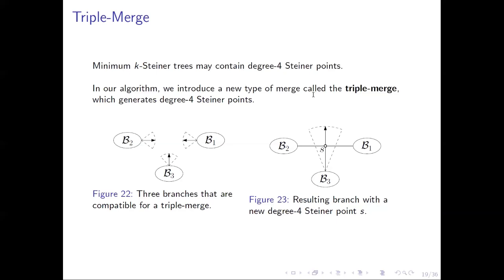We're not going to go too much into the geometry, but the idea is you have 3 branches, each has a range of rays showing where it can merge, and if they are compatible, you can do what's known as a triple merge, generating a single 4 Steiner point, and again, you end up with a branch that has a range of rays. So on top of the double merge that existed for the k-Steiner algorithm, we add this additional triple merge to our algorithm so that we can also generate 4 Steiner points.